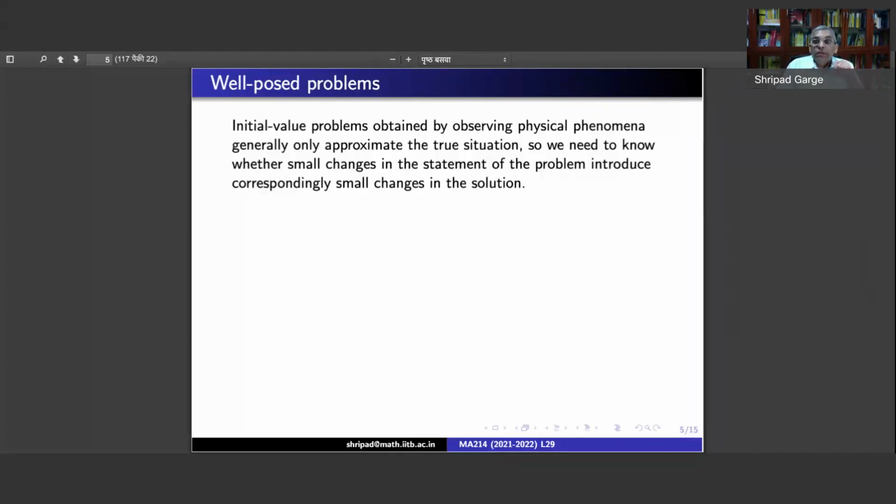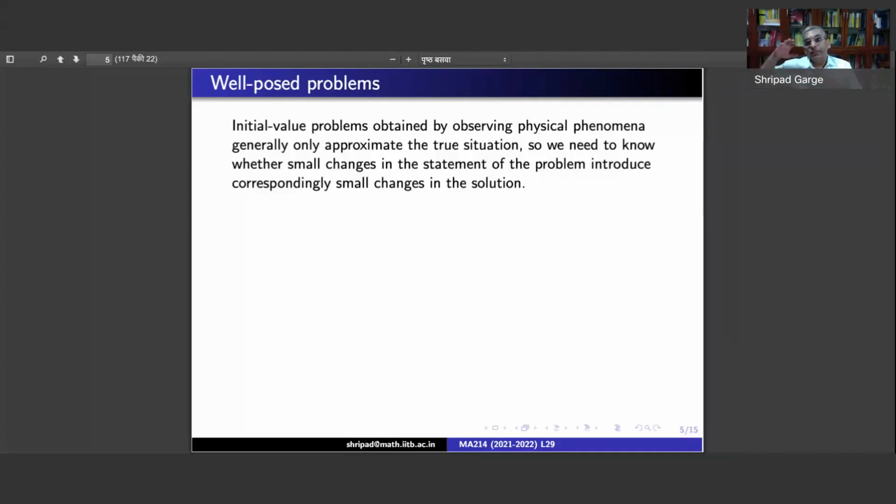So what we would want to know is whether our problem is well posed, in the sense that if there is some small perturbation in the problem, does it introduce correspondingly small changes in the solution? That's what we want to know. It should not happen that small perturbations in the problem result in a very large change in the solution.